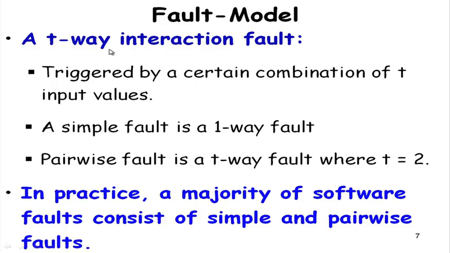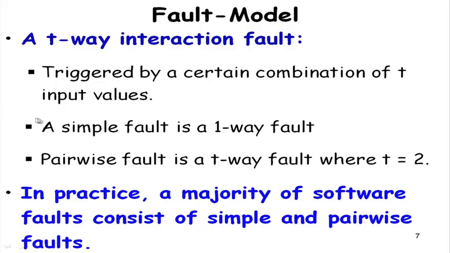So, now let us look at the nitty-gritty of this. We call a T-way interaction fault in a program if it is caused by some combination of T of the input values. We might have n input values, n may be 40 or 50, and out of that let us say only 3 input values, when they have some specific values 1, 0, 1, the problem occurs.